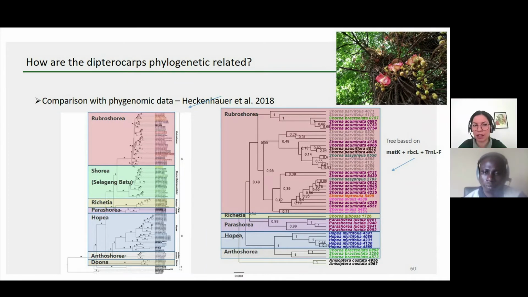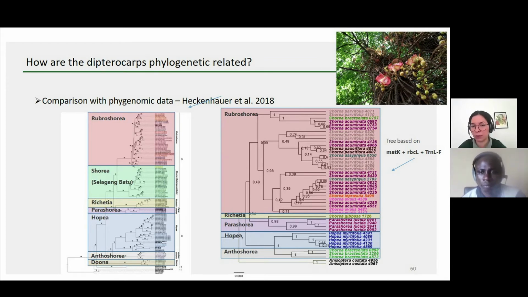And then the main aim of this DNA barcoding is to facilitate the morphological identification of plant species or other organisms using DNA.